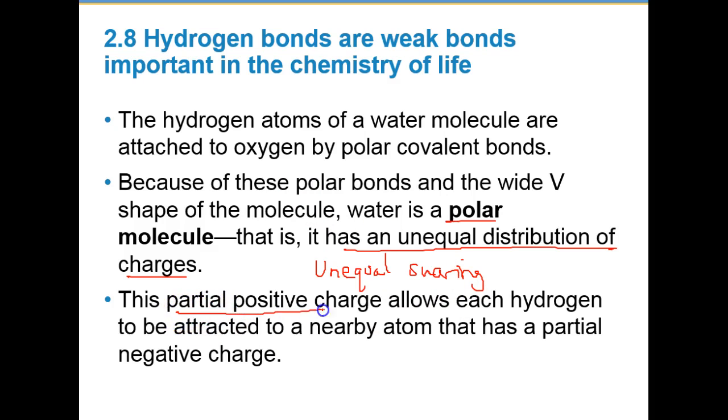A partial charge allows each hydrogen to be attracted to a nearby atom that has a partial negative charge. So the hydrogen is partially positive and the oxygen is partially negative. And so these things can attract to one another because of that.